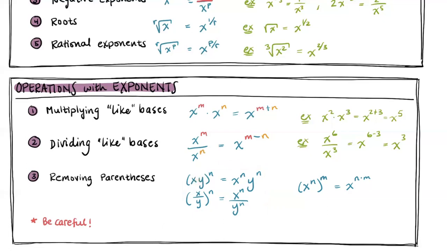That's not a rule here, as we didn't write it down. Sometimes it seems like it should work, but in fact, it never does. So be careful when we have things like x plus y to the nth power, or minus. This is not the same as x to the nth plus or minus y to the nth.